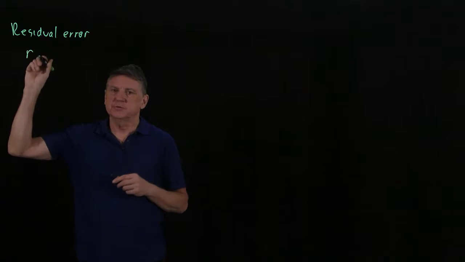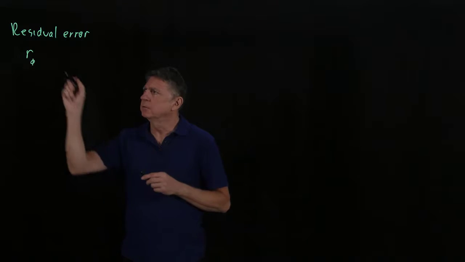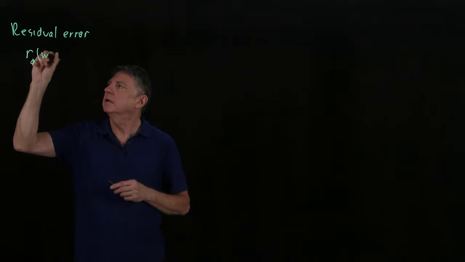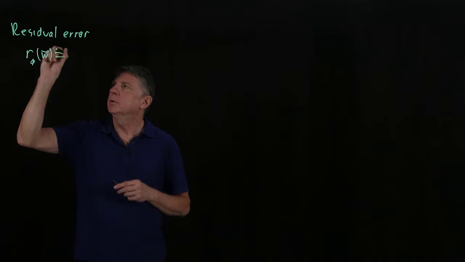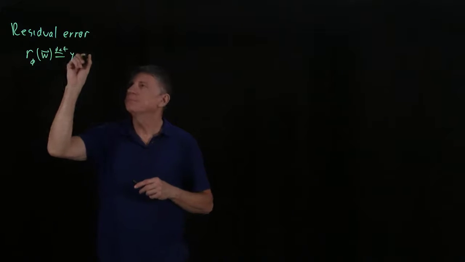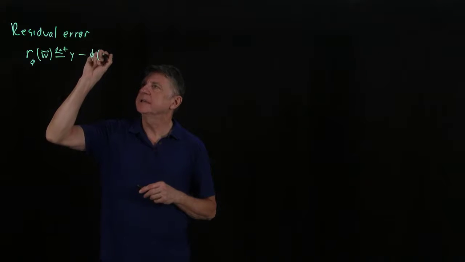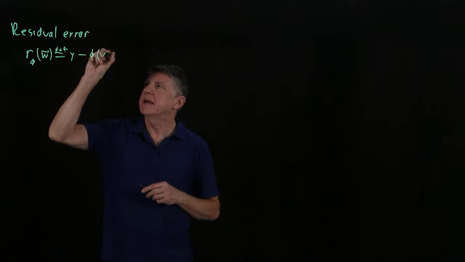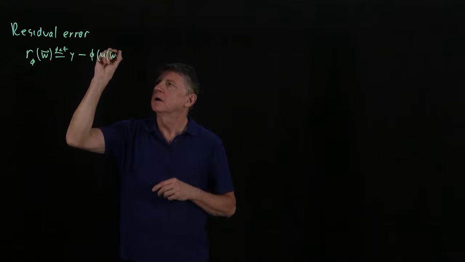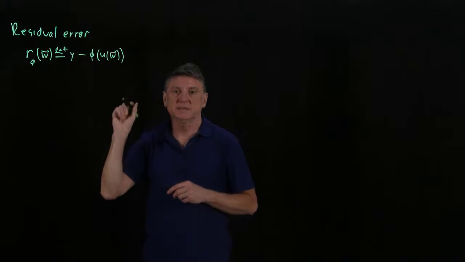And we'll write that as residual, and because we use residuals elsewhere in this course, we'll say this is the residual for an activation function of an augmented weight vector, and we'll define that as being the difference between a label and the activation function, which has an argument which is the summation, and that summation is itself a function of the weight vector. And here the data are implicit in this.